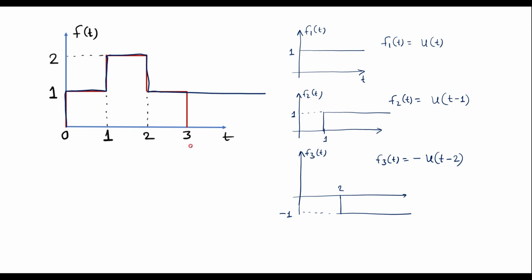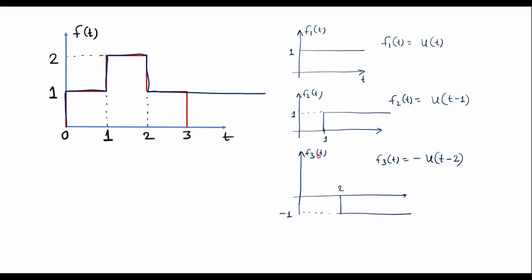But here we can observe that at t equal to 3, again the signal comes back to 0. So it means at t equal to 3, again we should add one negative step signal. That is, we have to subtract 1 from the level of 1, so it will become 0.